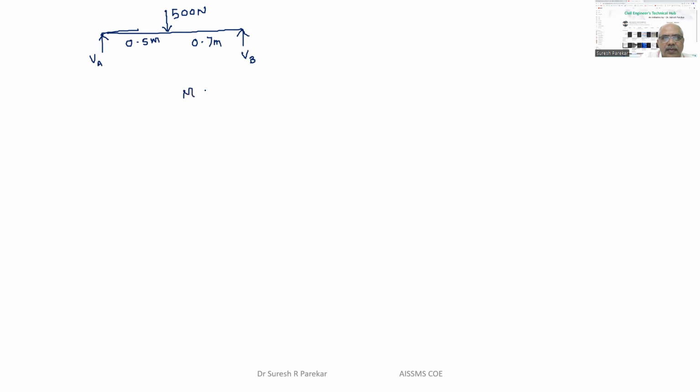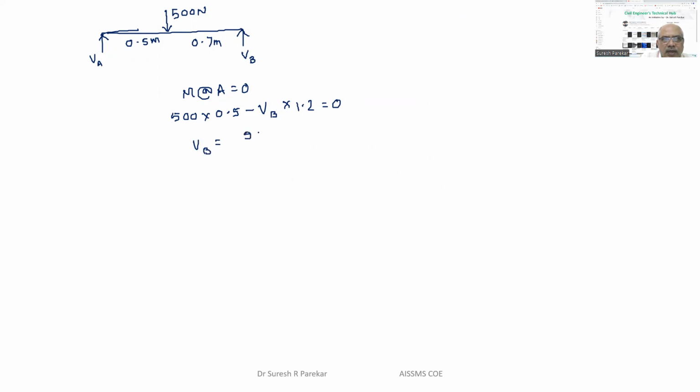So moment about A equal to 0. So we have clockwise 500 into 0.5 minus, because the moment due to VB is anti-clockwise, VB into 1.2, which is equal to 0.